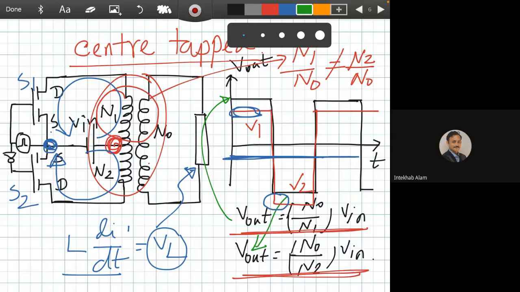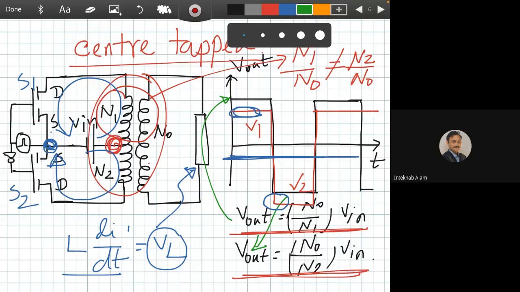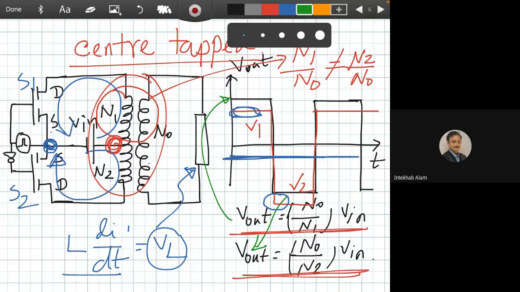So its efficiency will be less than 85% because there is another loss in the switches. We'll cover this in later classes: what the loss is, what the efficiency is, and what the advantages and disadvantages of an inverter are.